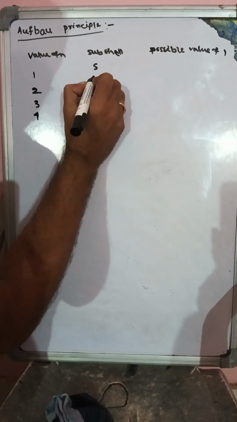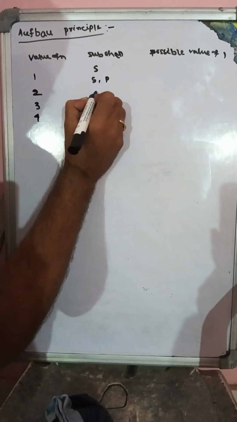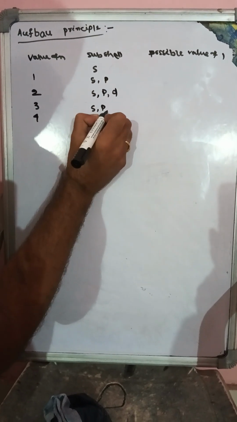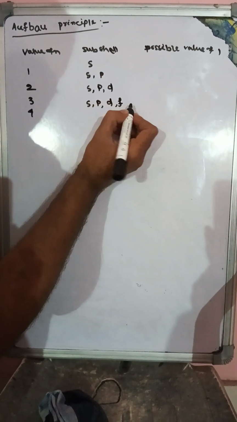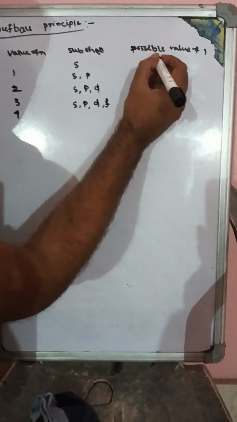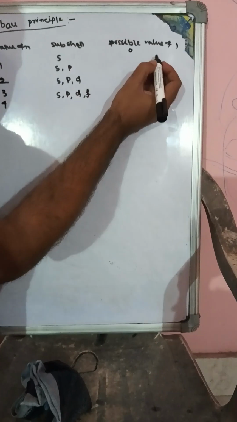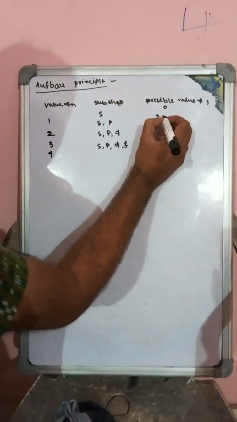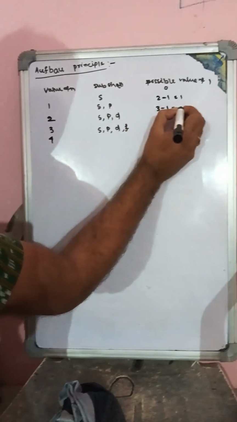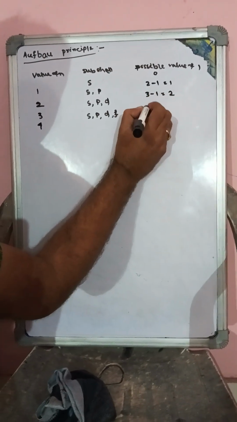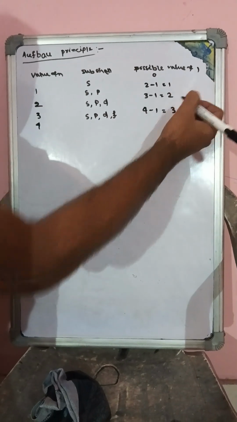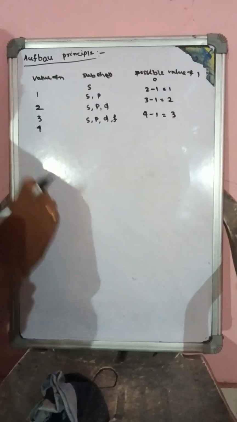Subshells: s, sp, spd, spdf. Okay, these are subshells. So l will be 0 to n minus 1: 2 minus 1 is 1, 3 minus 1 is 2, 4 minus 1 is 3. Value of l will be 0, 1, 2, 3.